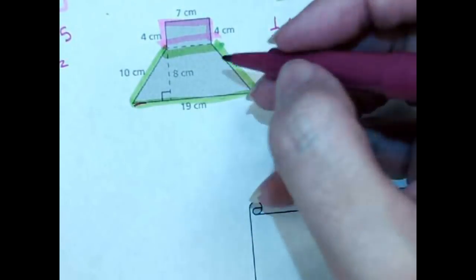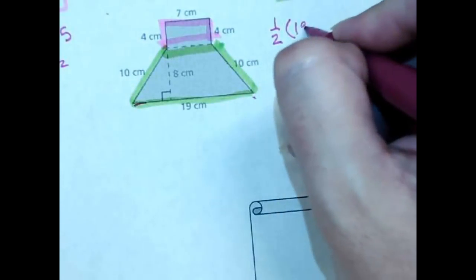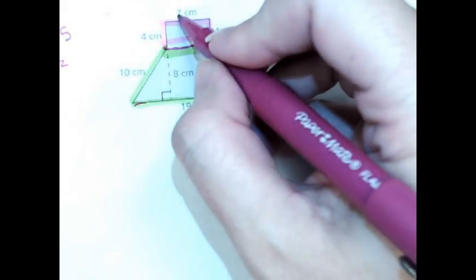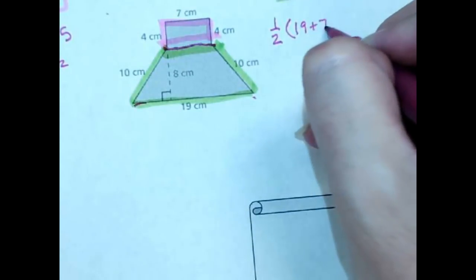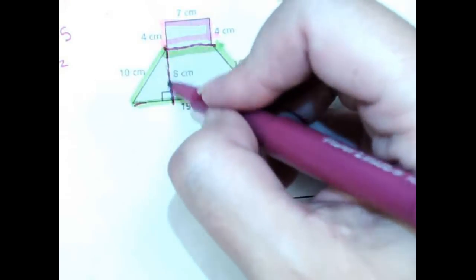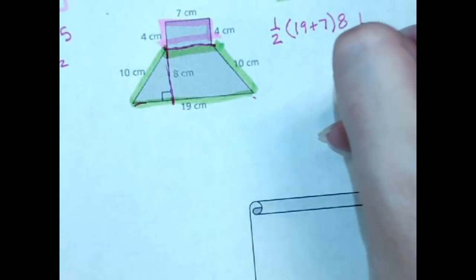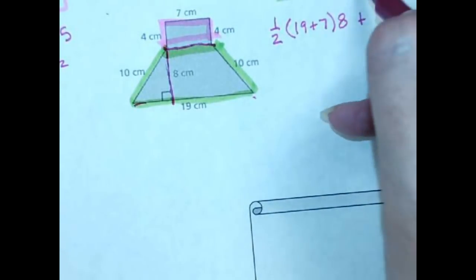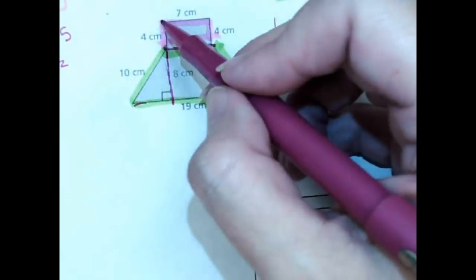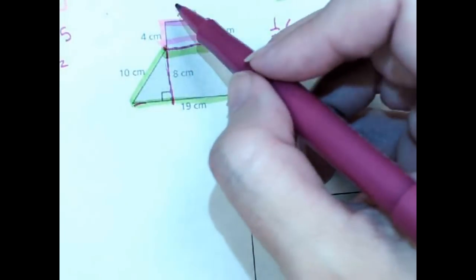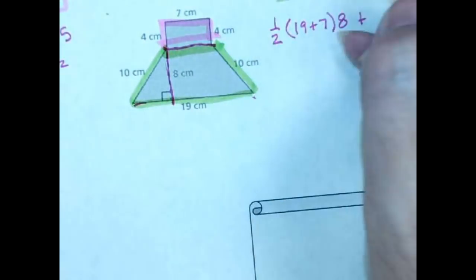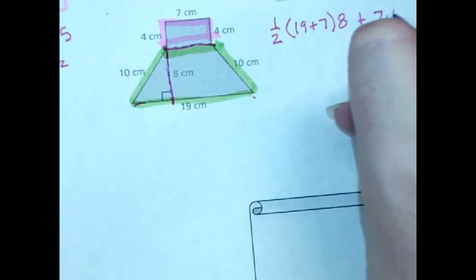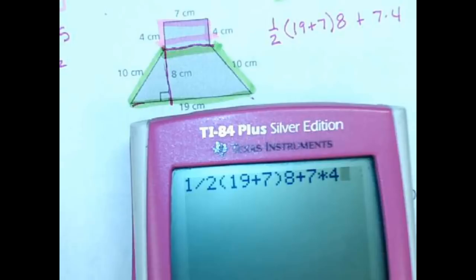That base is 19, and this base is the same as that one, so it's 7, and the height of the trapezoid is 8. Now I'm going to add on the rectangle, whose length times width is 7 times 4.